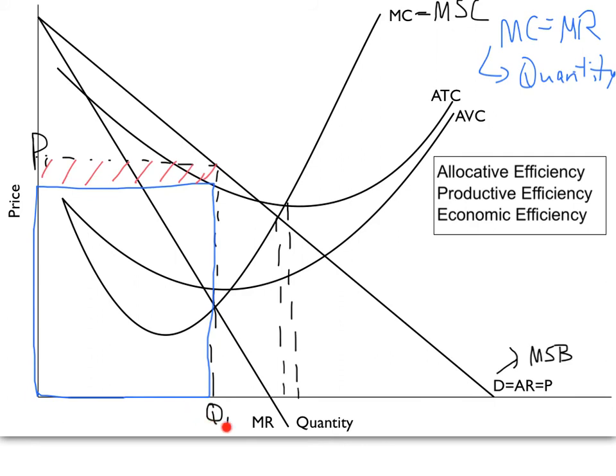Notice that this monopoly will profit maximize at Q1, where marginal cost equals marginal revenue, and that's great for the monopoly, but it does not result in the socially optimal or least cost production of this good. So we can see that efficiency is not the same thing as profit maximizing.